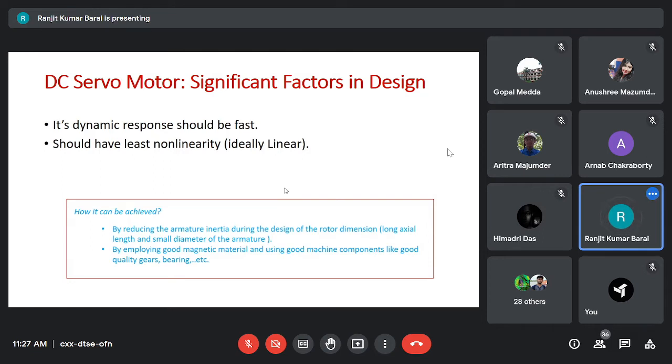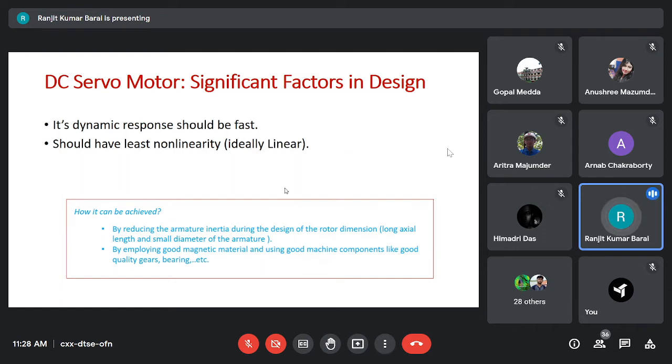Number two, if you use a gearbox, because in a rotating machine, in a motor particularly, the rated speed is quite high, but for actual operation your required speed may be low but torque may be high. So what you do, you reduce the speed so that the torque increases for constant power, and that is performed with a proper gearbox. Now the gears, they have backlash, tooth to tooth.